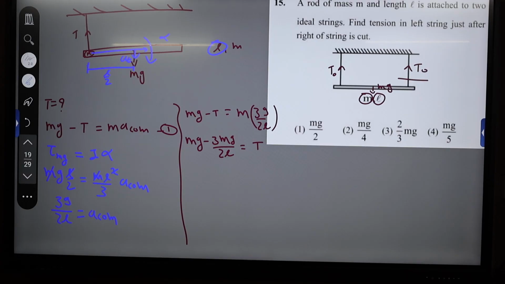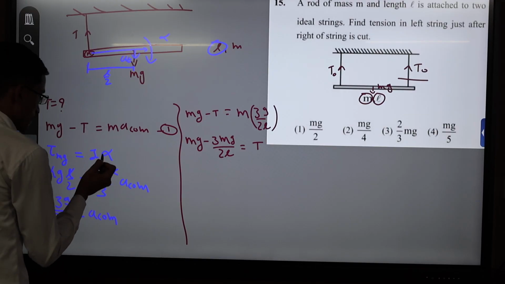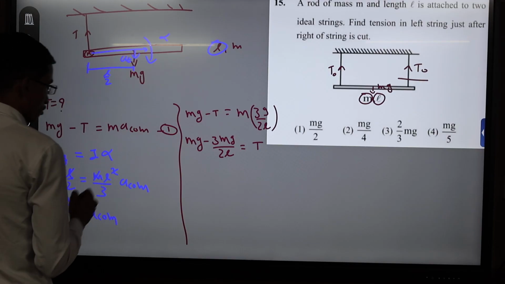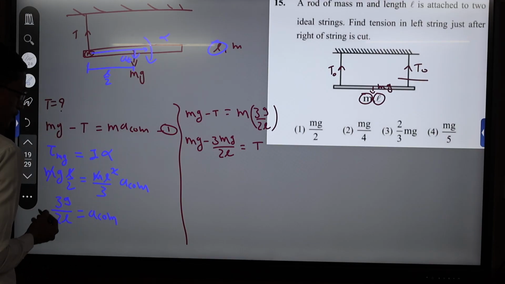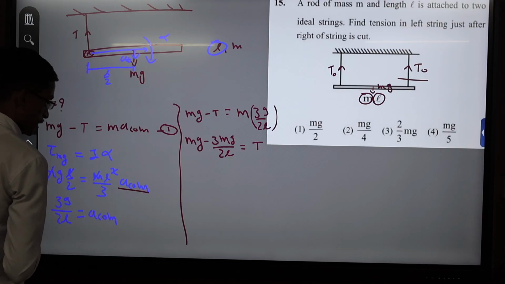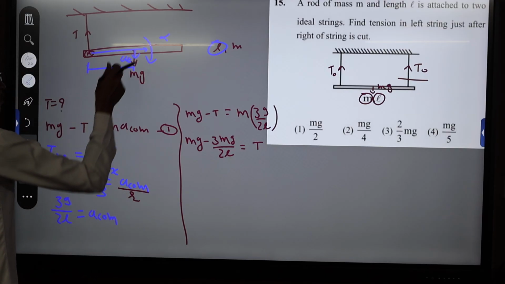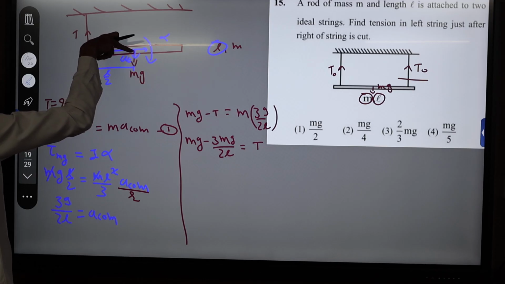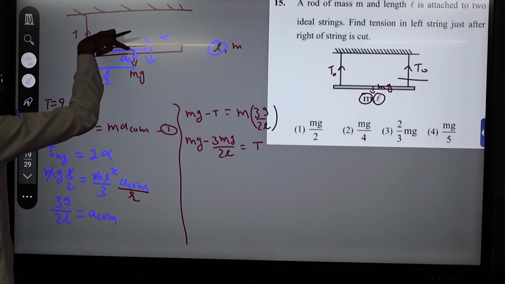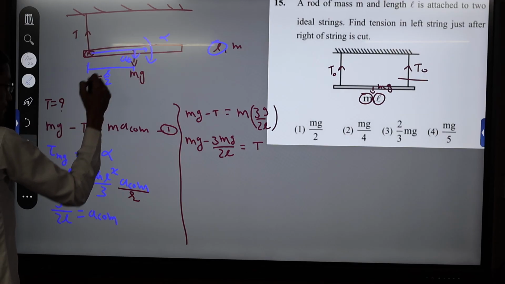I think we made some mistake. Sorry, here we have to write alpha in the form of a center of mass, and alpha is a com by R, and R is the distance between these two points, which is L by 2.